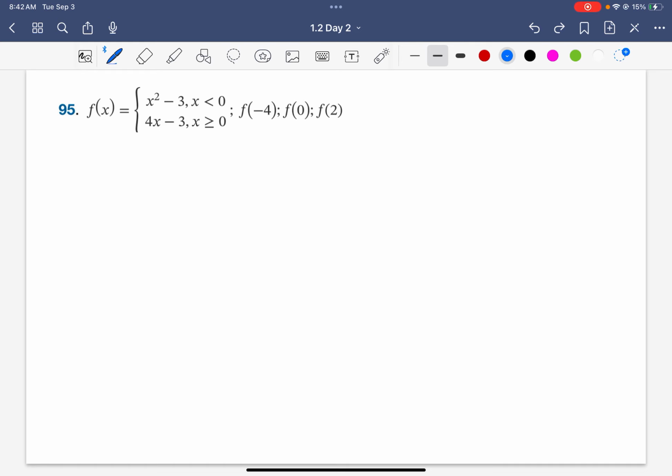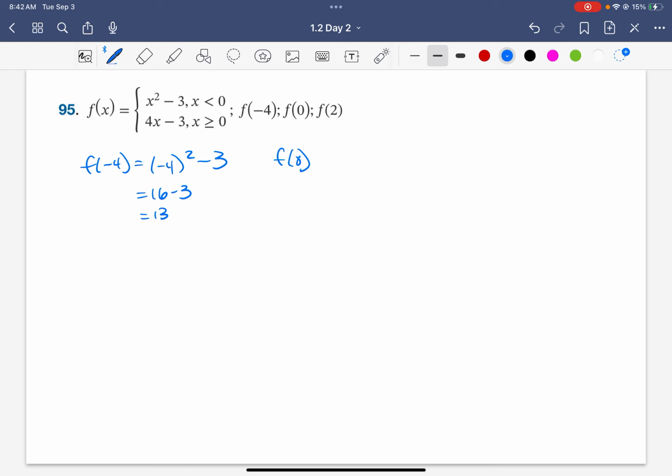If I evaluate the function f of negative 4, since this input is less than 0, I put it into this piece. So f of negative 4 is negative 4 squared minus 3, which is 16 minus 3, or 13.